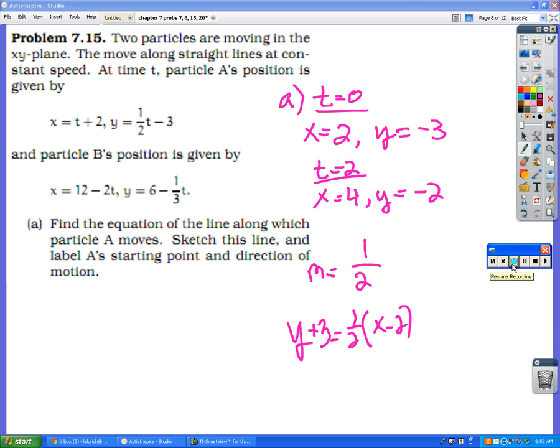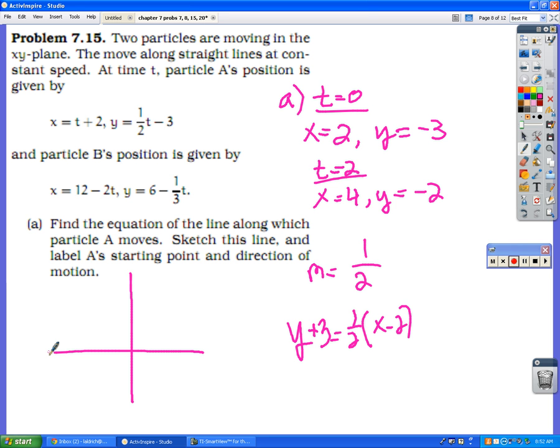Then it asks us to graph the line. Sketch the line. So how do you want to do that? Do you want to go to y equals mx plus b form?